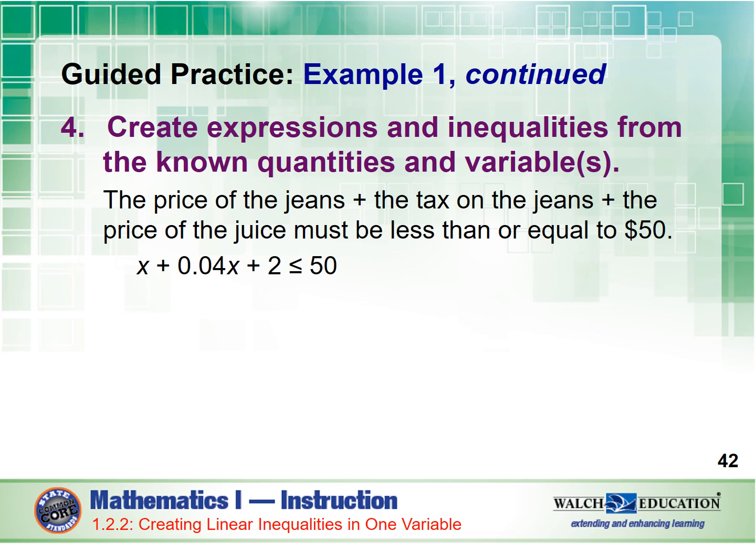So we're going to now create an expression and inequality from the known quantities and variables. We've got the price of the jeans. We have x, meaning we don't know how much the jeans cost. That's x. And I'm going to actually write this out. Jeans. We have got the tax on the jeans.